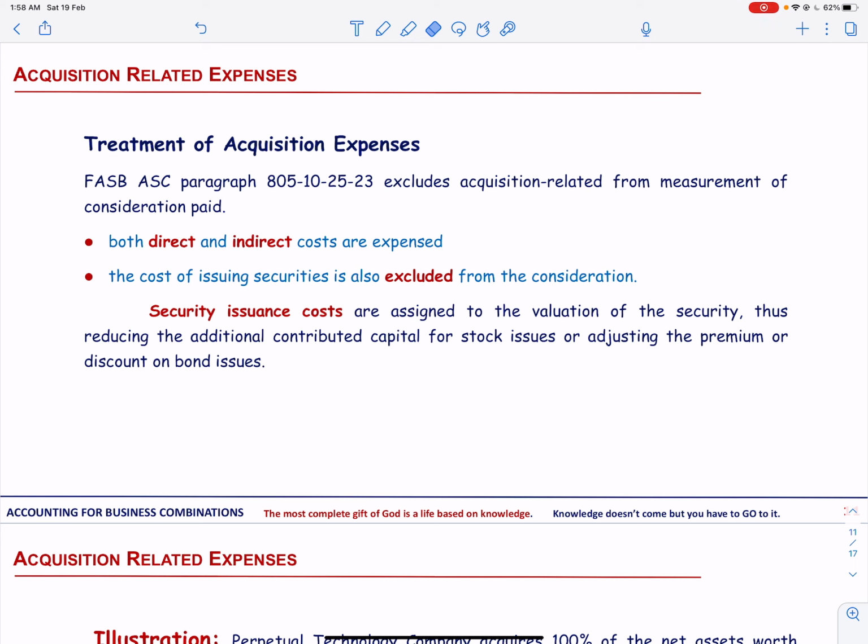Direct expenses incurred in the combination include finder's fees, advisory, legal, accounting, and other professional or consulting fees. Indirect expenses are the ongoing cost and include the cost to maintain a merger and acquisition department, general administrative cost such as managerial or secretarial time, etc.